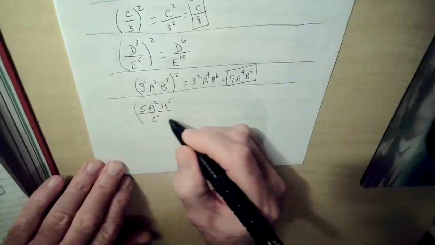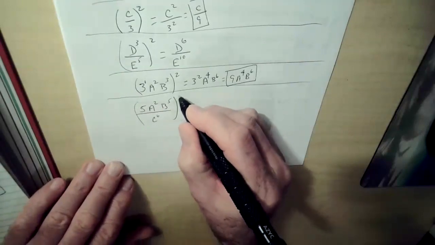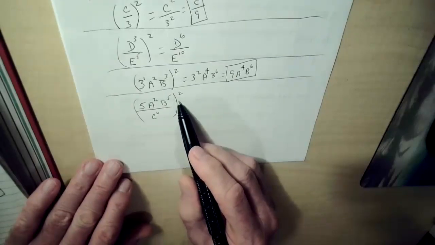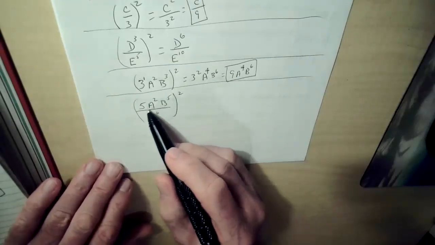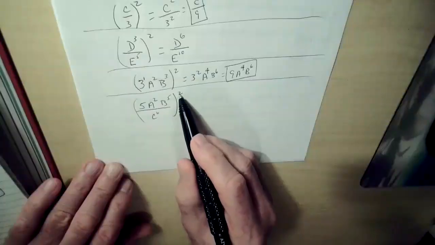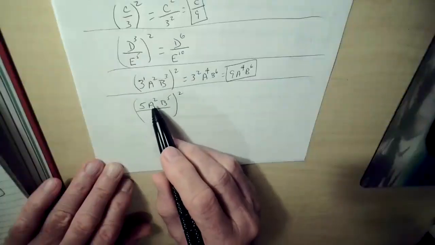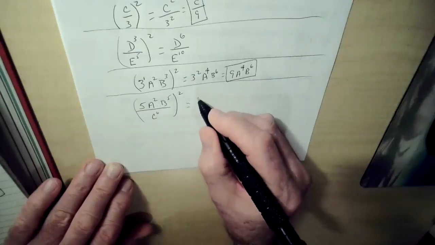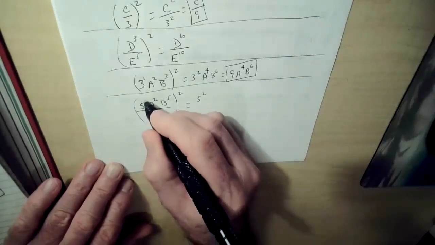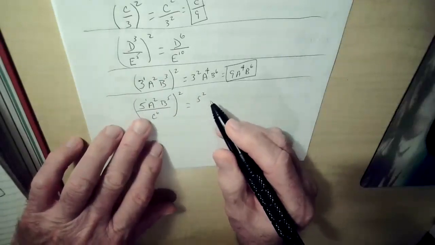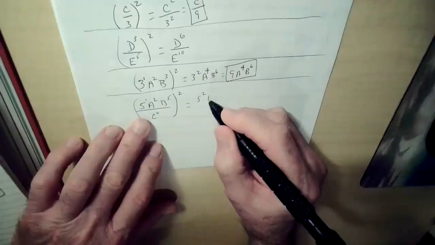Okay, what about this? 5a squared b to the 5th over c to the 6th, all in parentheses, squared. Remember, everything in here you have to raise to the 2nd power. If you have a power raised to a power, you multiply.